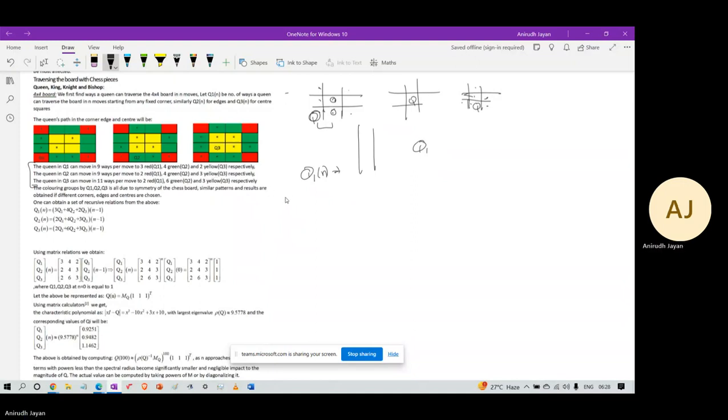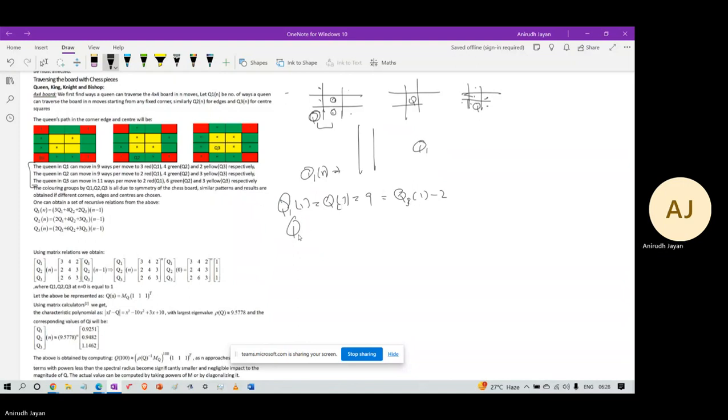Now, let us take an example. Q1 of 1 is equal to Q2 of 1, equal to 9, which is Q3 of 1 minus 2.